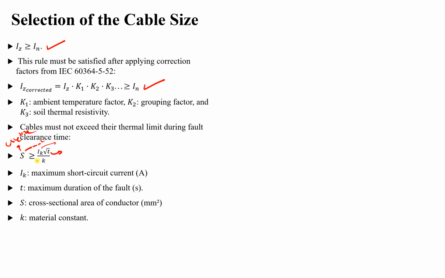So by applying this rule, we have to make sure our cable size is greater than this. Why? Because during a fault or short circuit condition, there is a very large current that can destroy our cable. So our cable must withstand this current to protect the insulation of the cable from breaking down.